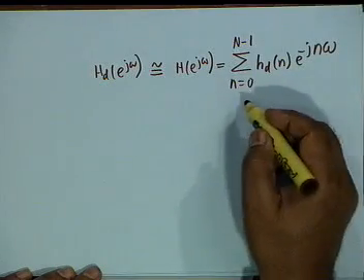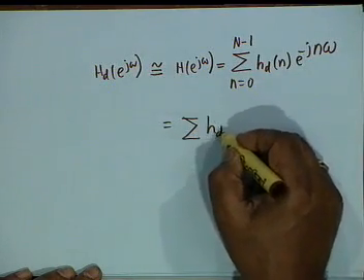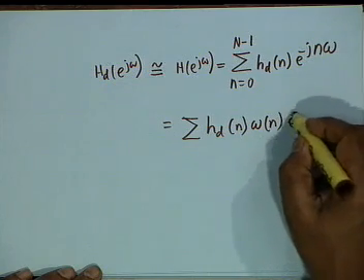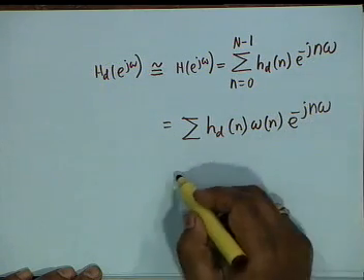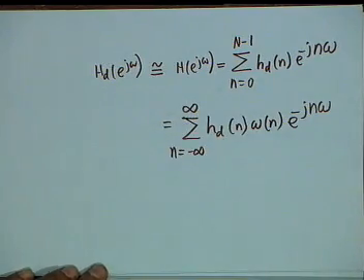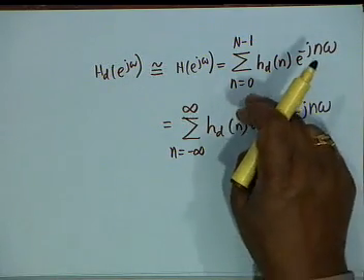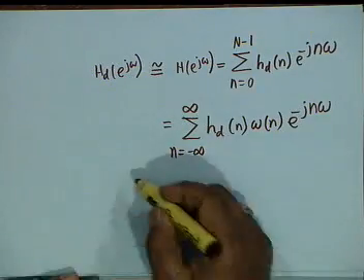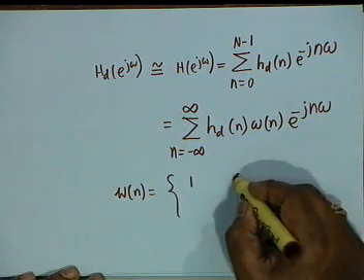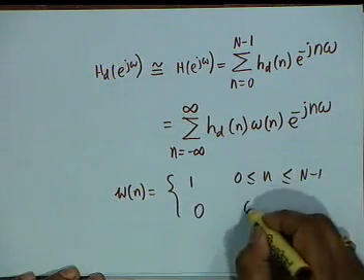Well, you can write this as summation h_d[n] times w[n] e^{-jnω}, n equal to minus infinity to plus infinity, where w[n] is unity only between n equal to 0 and capital N minus 1. That is, w[n] is equal to 1, 0 less than or equal to n less than or equal to capital N minus 1, 0 otherwise.